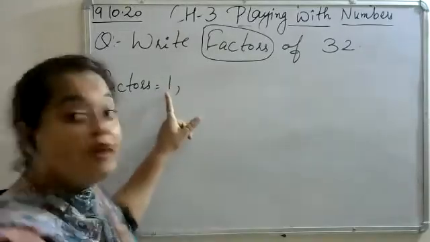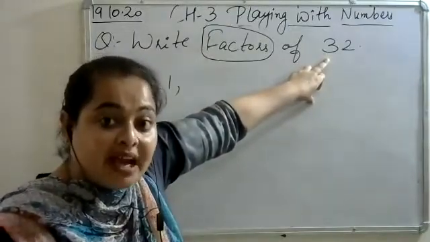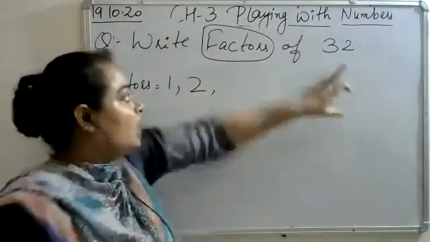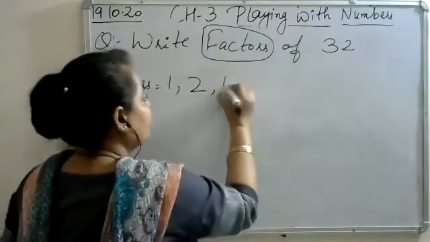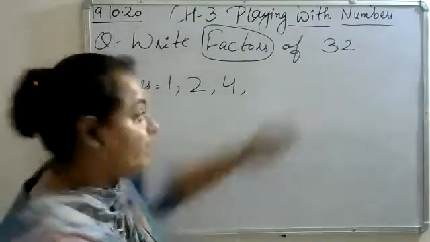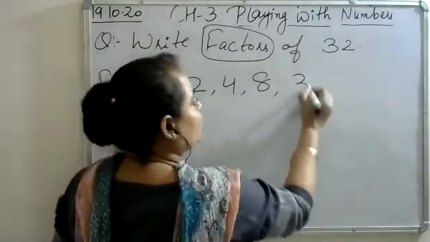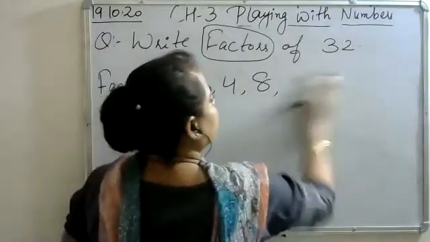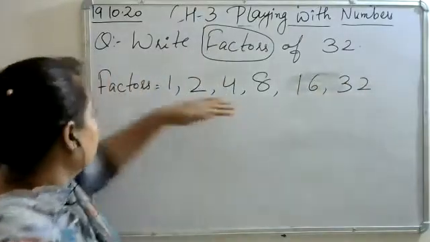Then 32 is divisible by 2, so 2 is a factor. 32 is divisible by 4, so 4 is a factor. 32 is divisible by 8, so 8 is a factor. And after that 16 also, and 32 itself. These are factors.